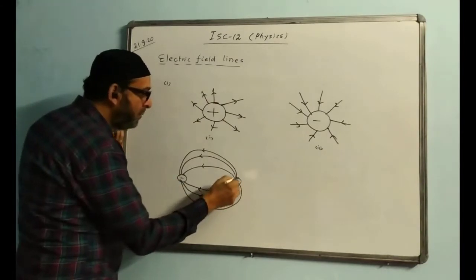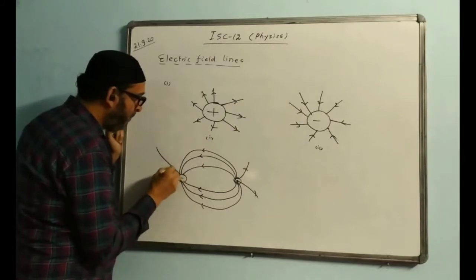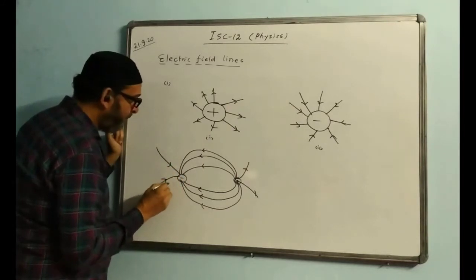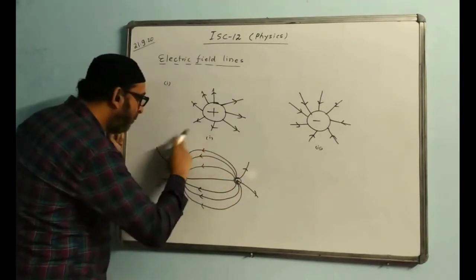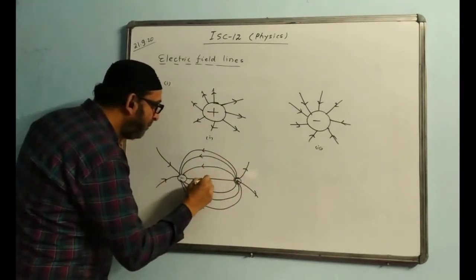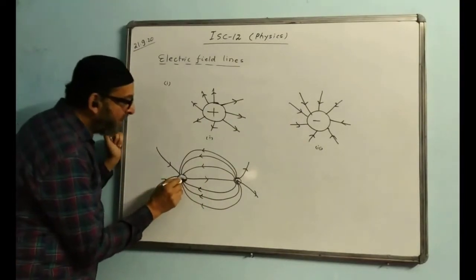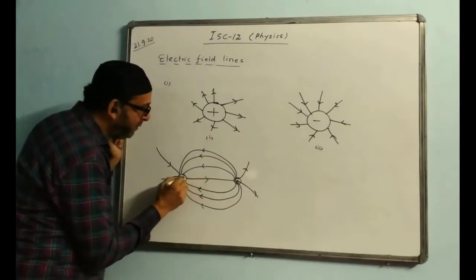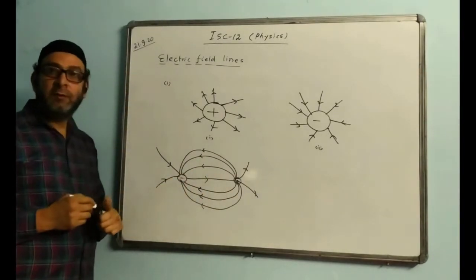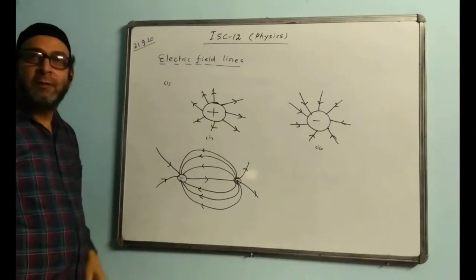Within the dipole, they will go like this. That is why we say the direction of electric dipole moment P is from negative Q to positive Q. So of these three diagrams, one of them may come for 1 mark.